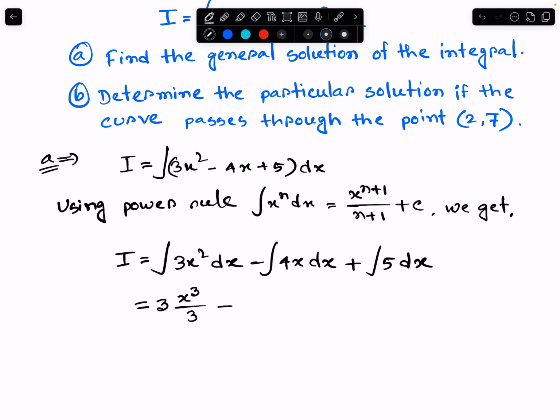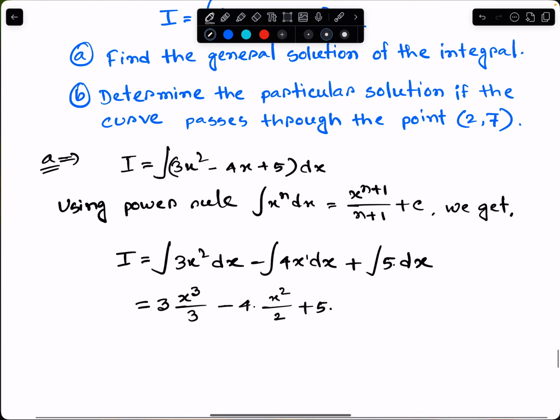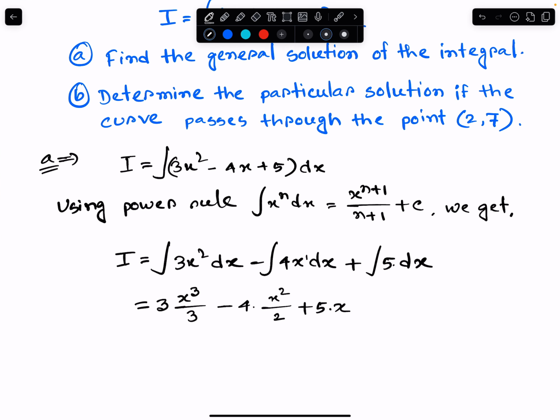In the next part, we have the coefficient 4. We keep it as it is. And x means the power is 1, so it will be x squared divided by 2. Plus 5 is the coefficient, and there is no variable. For integration, if there is no variable, you have to put a variable, because what is there is 1. 1 means x to the power 0, right?